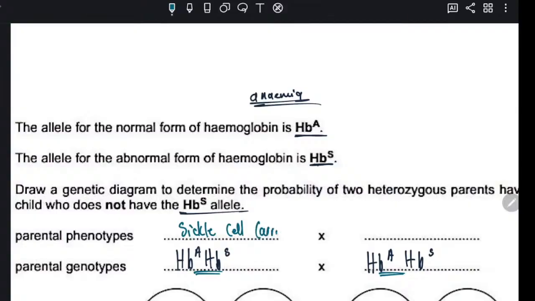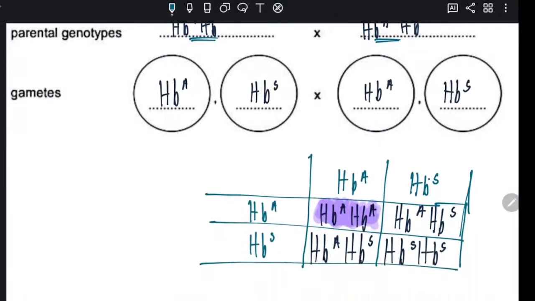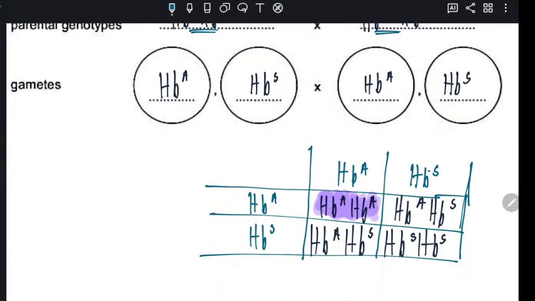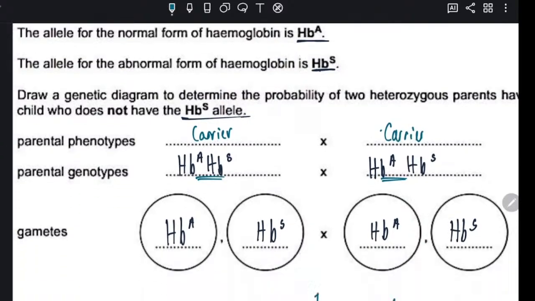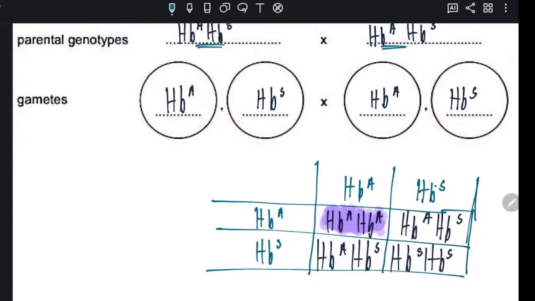So you can say these are unaffected parents or they are carriers. So this is a carrier and another one is a carrier as well. This person, because for you to have it, obviously, it needs to be there as HBS. Then you'd have it.